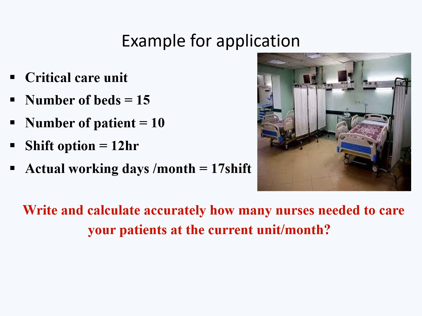The actual working days per month are 17 shifts. There are some hospitals that take 13 shifts or 15 shifts. And now we are going to calculate the number of nursing care hours needed and the number of nurses needed per day or per month.